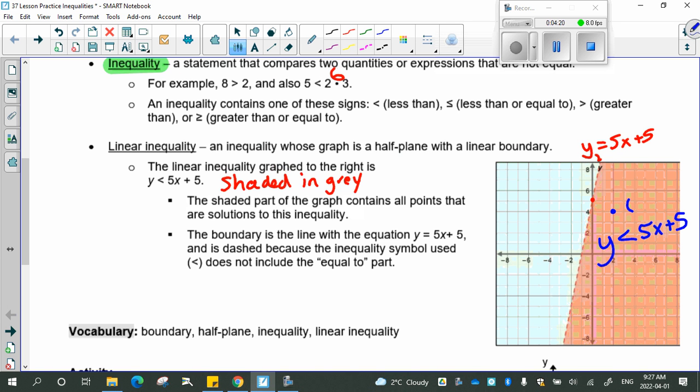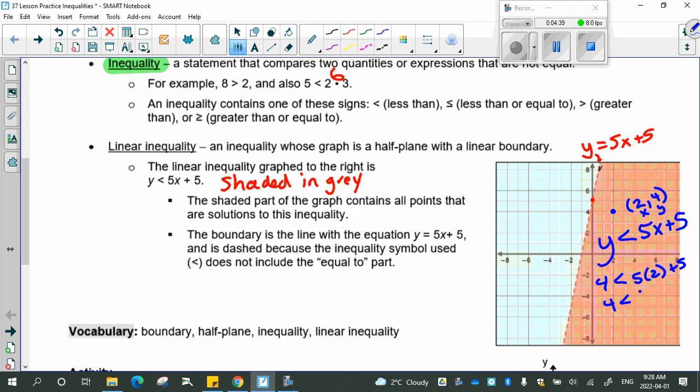Do we know its x value and its y value? Yeah. What are they? 2 and 4. So this is the x and this is the y. So if we put the y as 4, it should be less than 5 times 2, because x is 2, plus 5.